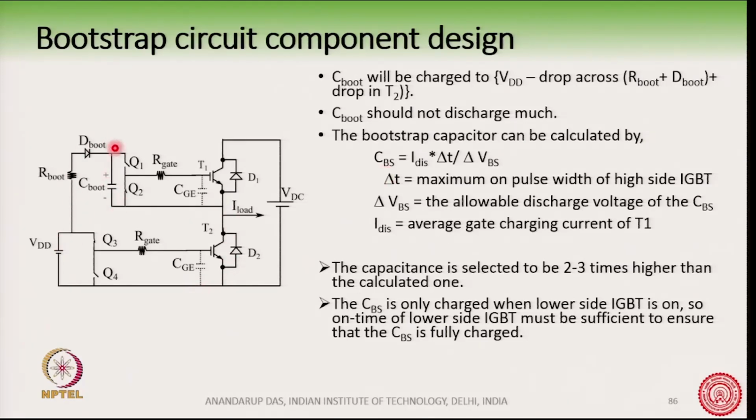So, this is for the discharging part, how much delta VBS, but at the same time this device should be sufficiently turned on. The PWM pulses should be such that this capacitor gets the time required to charge back, to get back its charge from this supply here.